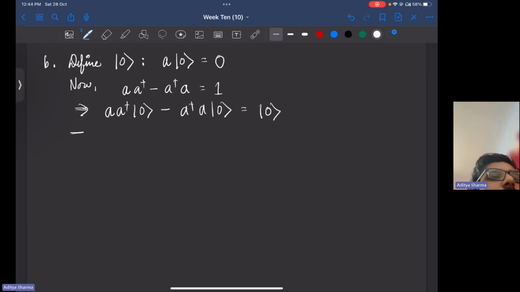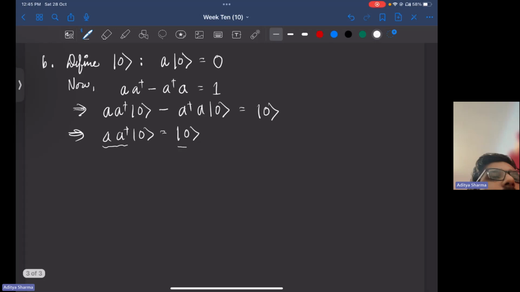This is just the unit operator. Okay, this is the logic. That means this is not 0. This whole of it is giving something, it's not 0.